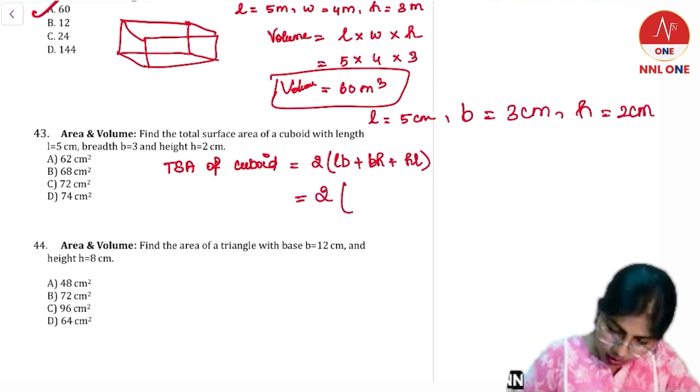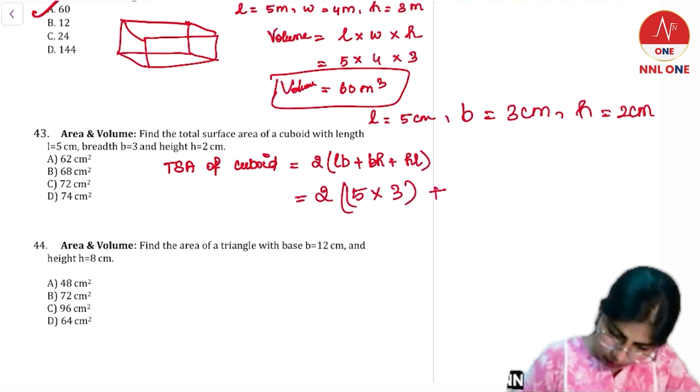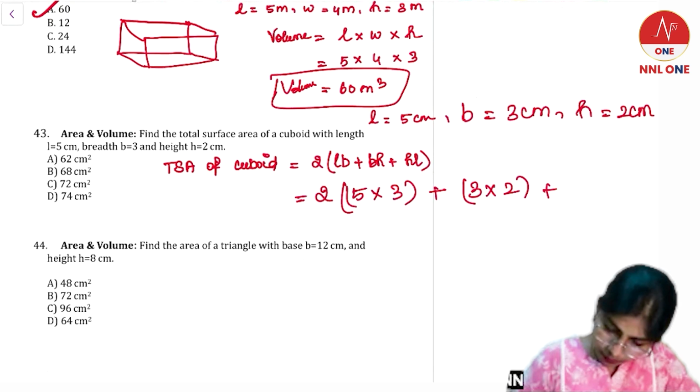Now we are going to substitute the values. 2 into L into B, 5 into 3, plus breadth 3 into 2, plus height 2 into 5.